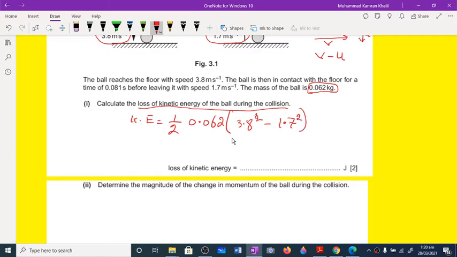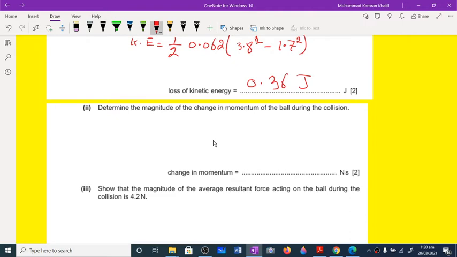Normally students will not write down the square, so that's why they will not get the correct answer. After solving this you will get the answer 0.36 joules. The joule is already written. So the common mistake over here is that they will not take the square and then they will not get the credit.